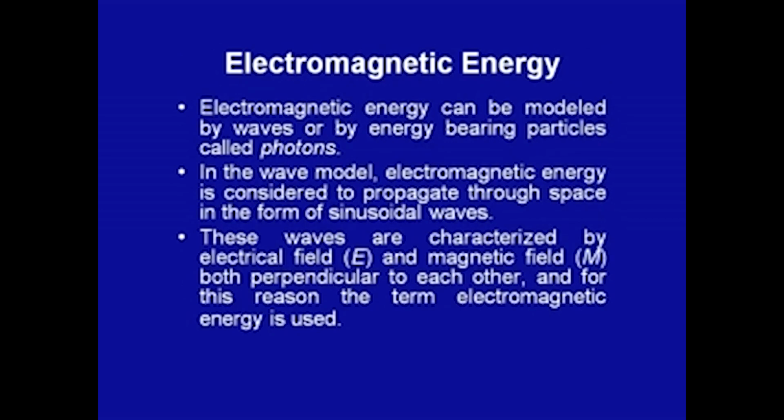Electromagnetic energy can be modeled by waves or by energy-bearing particles called photons. In the wave model, the electromagnetic energy is considered to propagate through space in the form of sinusoidal waves. These waves are characterized by the electrical field E and the magnetic field M, both perpendicular to each other, and for this reason the term electromagnetic energy is used.